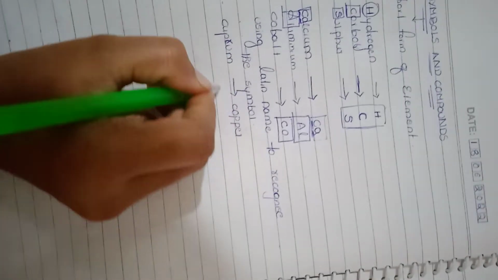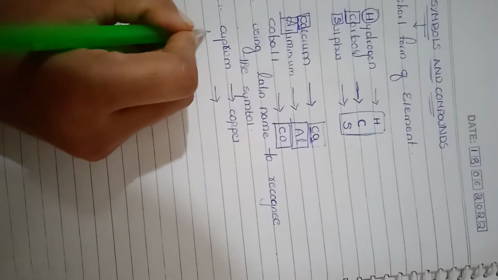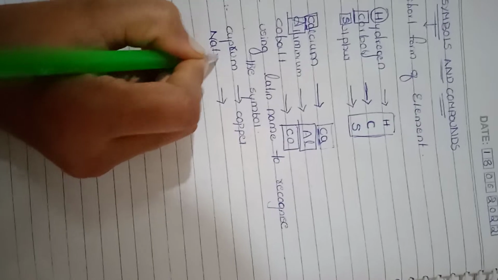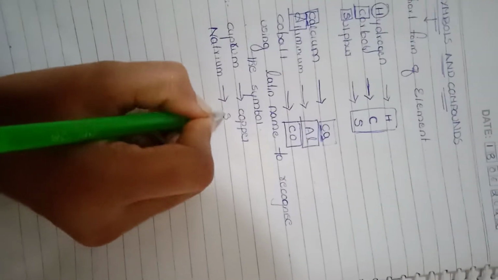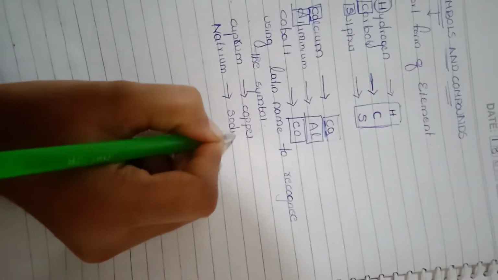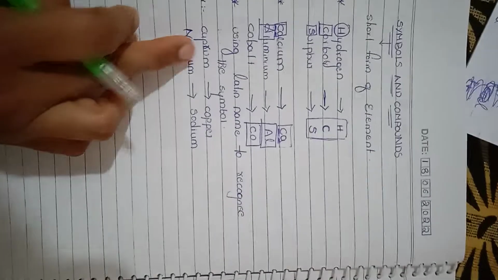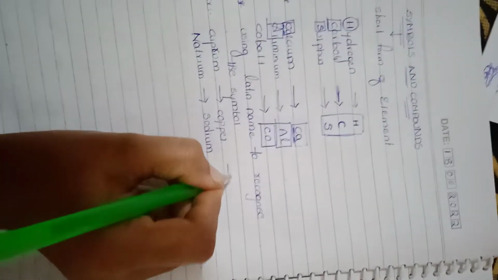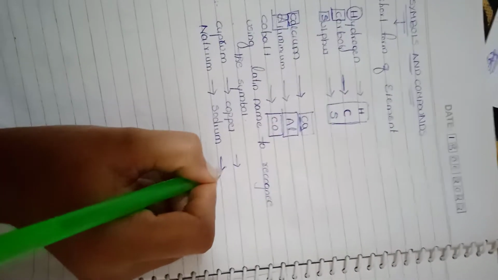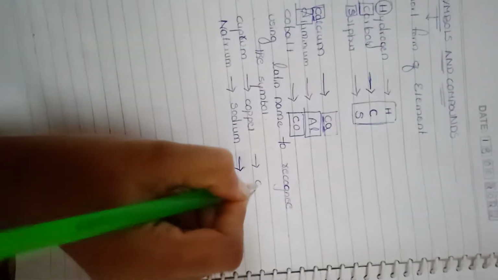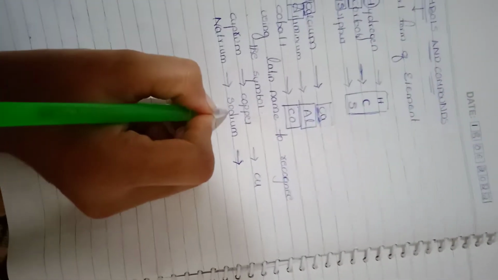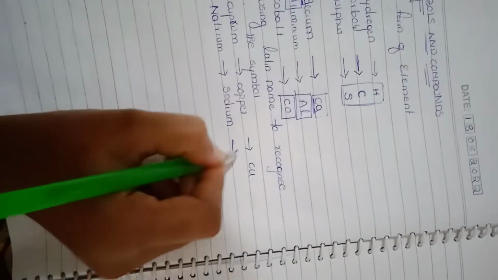Natrium is the Latin name for sodium. Got it? These are the Latin names. The symbol for cuprum is Cu, and for sodium, natrium, it is Na.